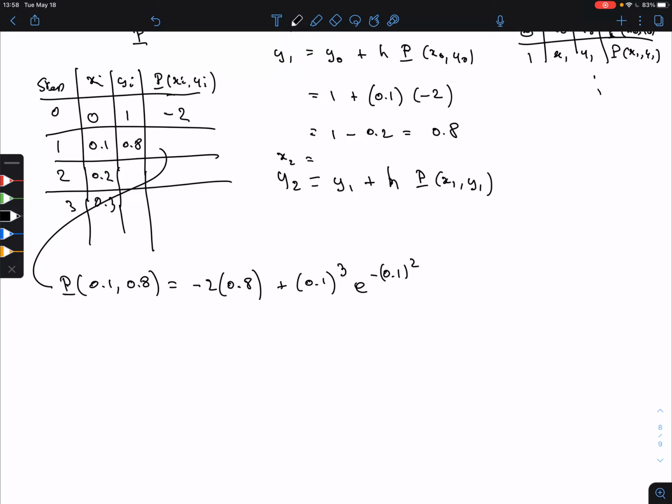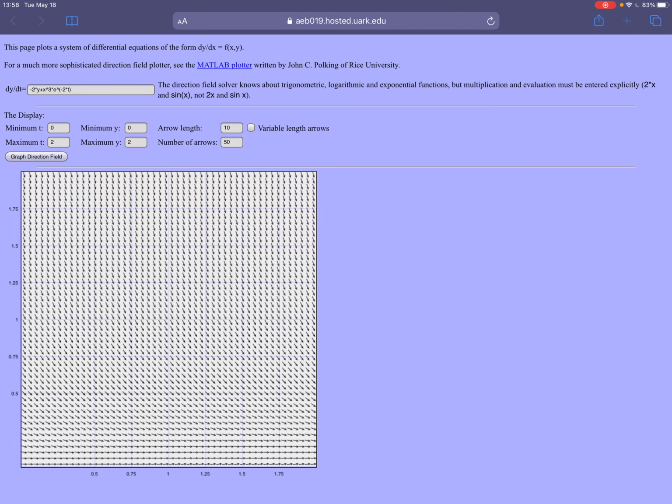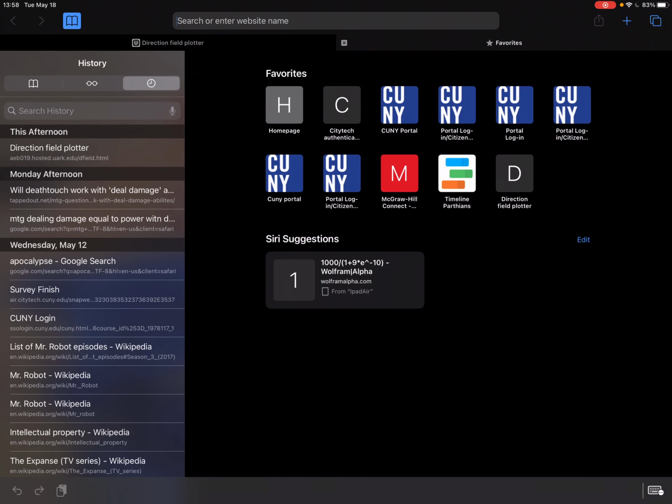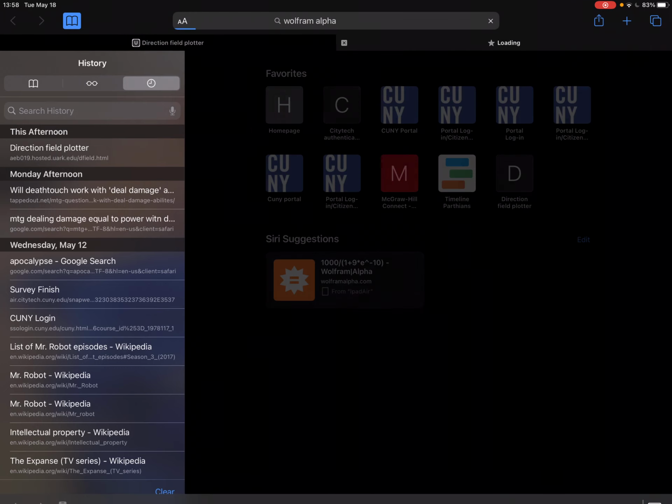So it is minus 2 times 0.8 plus 0.1 cubed, e to the minus 0.1 squared. I don't want to work out everything, I just want to put it in a calculator. So I'll go here and use Wolfram Alpha. Here you go.